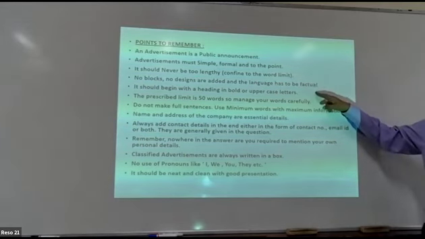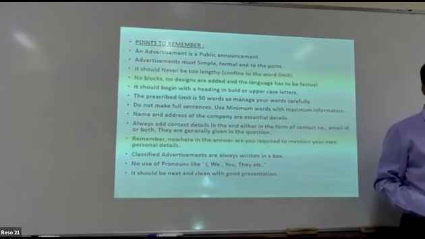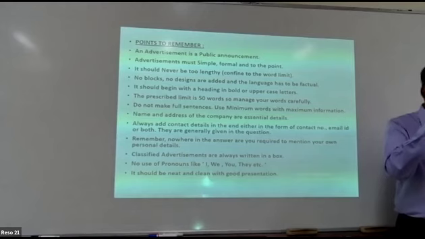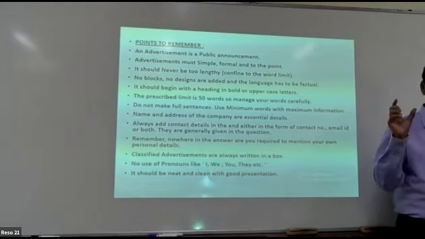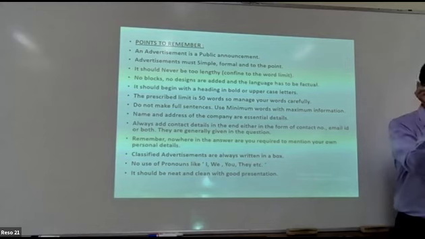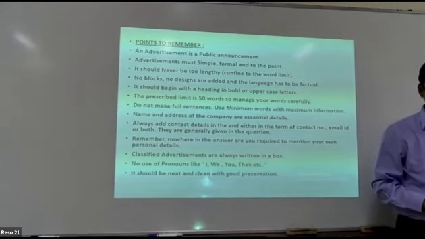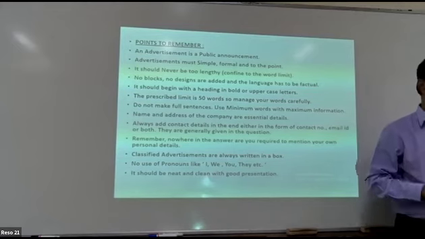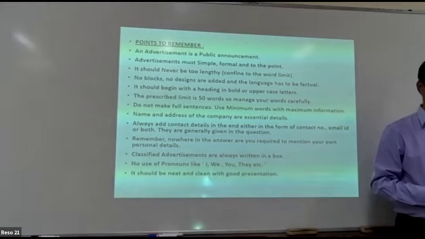It should begin with a heading in bold or uppercase letters. Advertisement is again always in a box, the way we used to write the word NOTICE in notice. And in the box, first the heading will be there, under which column that advertisement will be reflected in the newspaper. So there are various column names. काफी कुछ हम करेंगे. I will try to complete all the headings one by one.